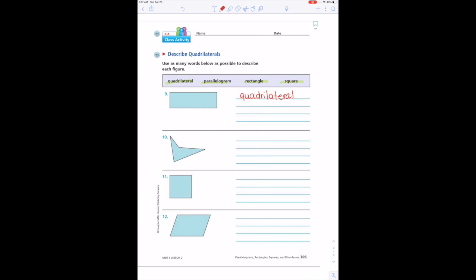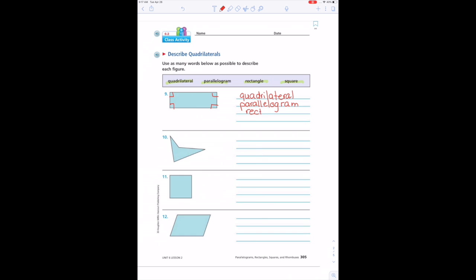Parallelogram. Opposite sides are parallel. We have that here, don't we? So we have a parallelogram. Rectangle. We need 4 right angles. And we have that.